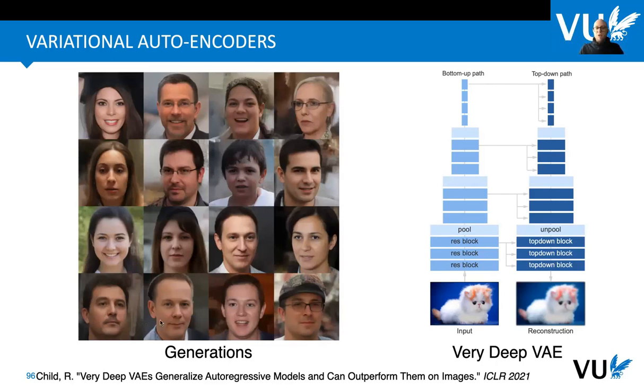These very deep models, this is a paper from OpenAI, actually outperform autoregressive models. And this is huge because VAEs have the latent space, they have a latent code, and they can still outperform autoregressive models. So the potential here is enormous because maybe we can use them for representation learning, for compression and so on, but they are still very good at producing amazing output.